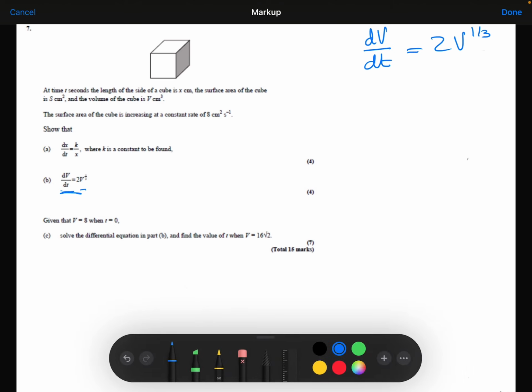Right, so we want to group up the v's together on one side of the equation. So we're going to have the v's on the left-hand side. So I'm going to divide by the v to the power of 1/3. So I'll have 1 over v to the power of 1/3 dv, and then we're going to put the dt on the other side.